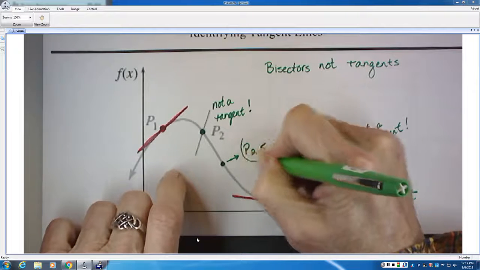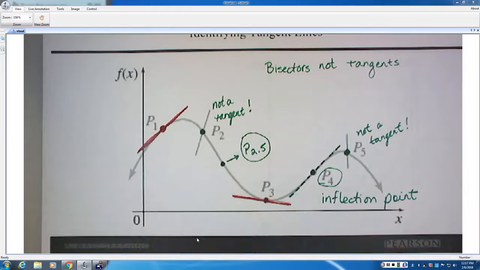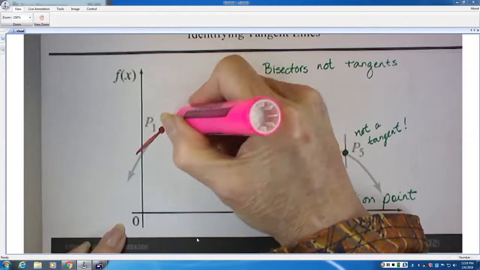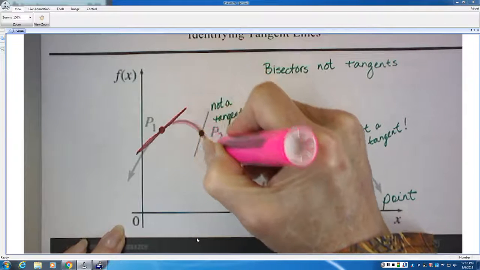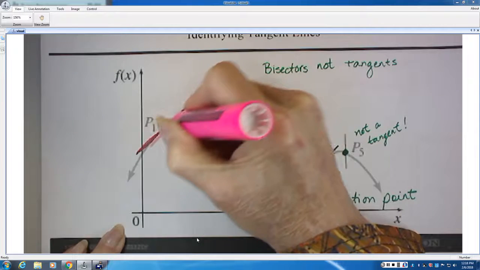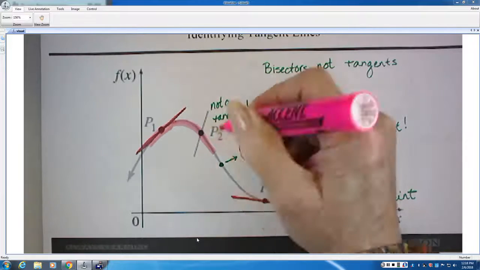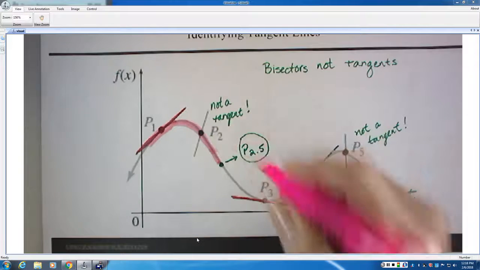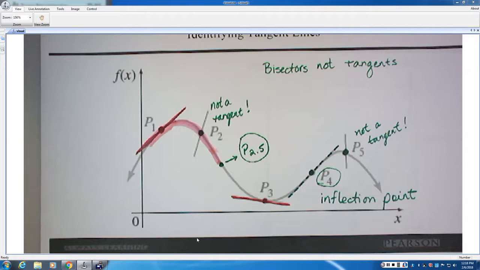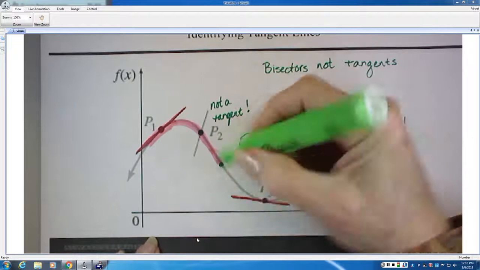And the definition of an inflection point isn't really difficult to understand. It's the point at which a curve stops being concave down, which this part of that curve is concave down. It stops being concave down for just an instant before it switches to being what we call concave up.